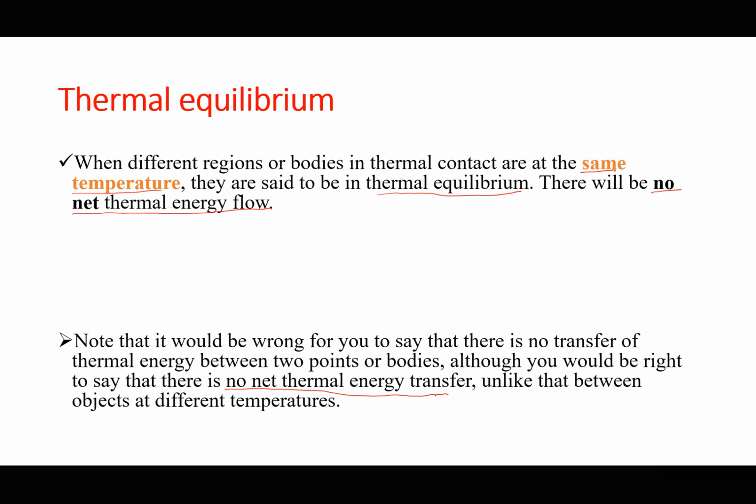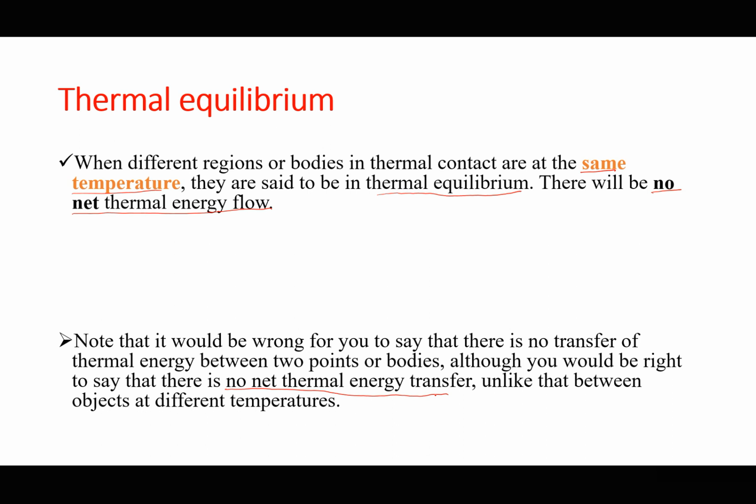So when I say thermal equilibrium has been established, I do not mean that there is no flow of thermal energy. Flow of thermal energy is still there. There is flow of energy in different directions equally, but there is no net resultant flow of energy in any particular direction.